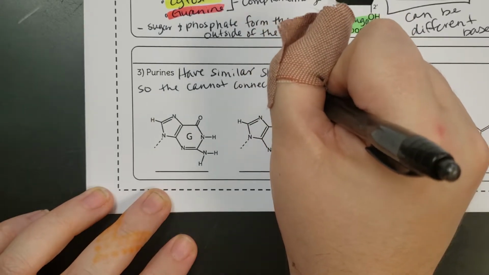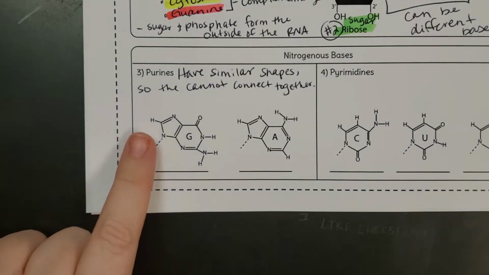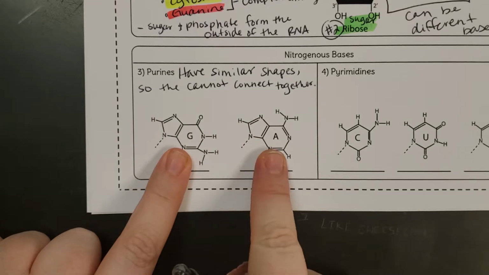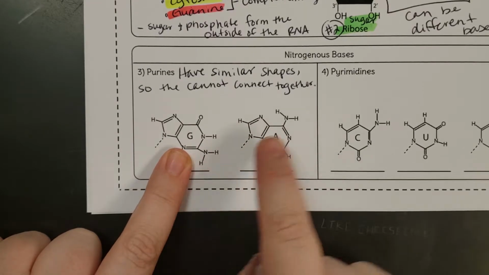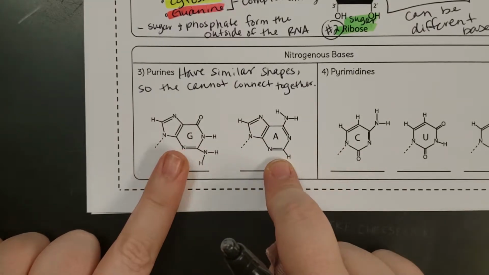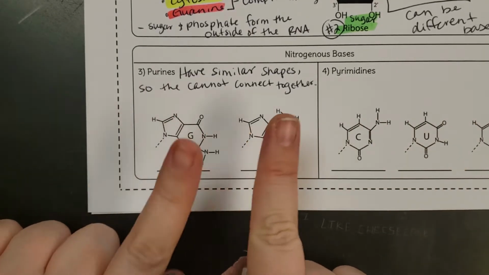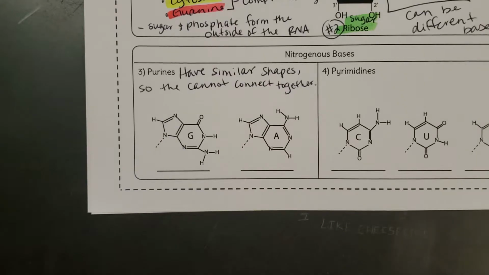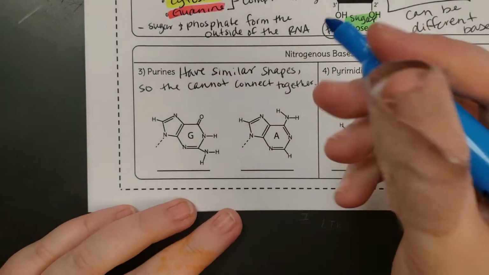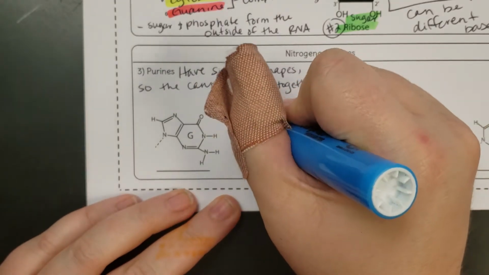Okay? You'll notice they each have 2 bubbles. Now you'll see here this part's different, and then over here this part's different, which is why they connect with these things. But these 2 can never ever go together. Okay, never, ever, ever, ever. Like the Taylor Swift song.